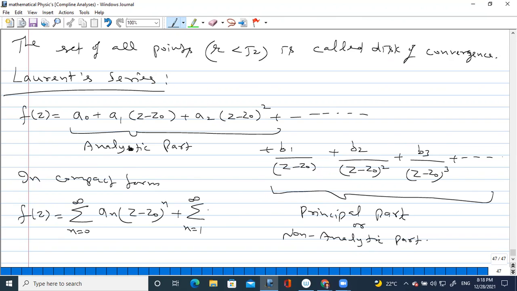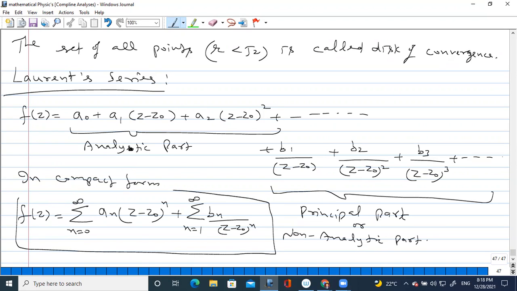This you have to mind. It will be b_n divided by (z minus z0) to the power n. So this is the compact form of this series. Okay, note down this.